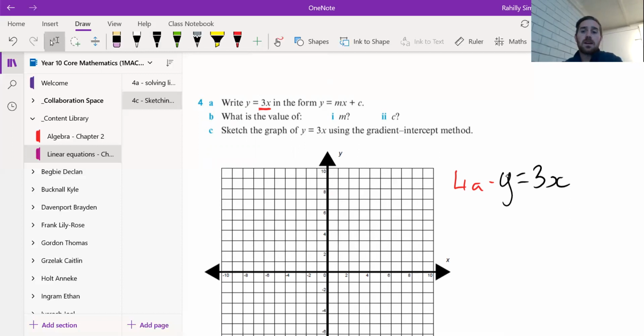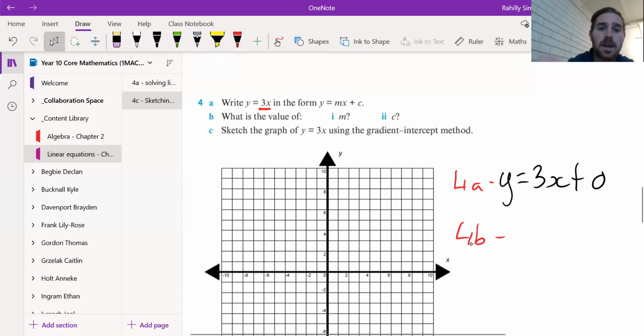So there is no c, but we need to put it in there somewhere. So what number represents nothing? That is 0. Okay, so instead of it being plus 1 or plus 6 or something, it's just plus 0 because we don't have any value for c. The number that represents no value is 0. So that is 4a.